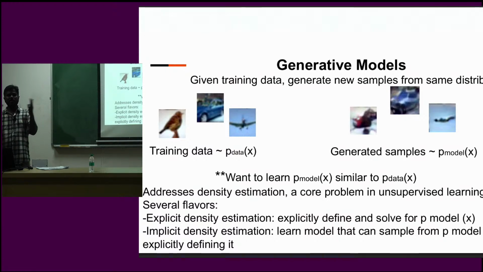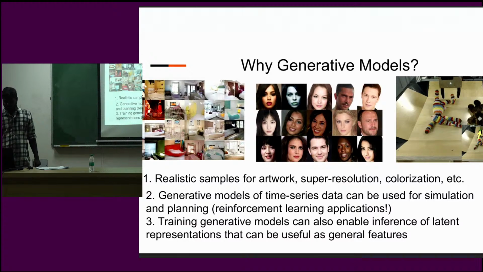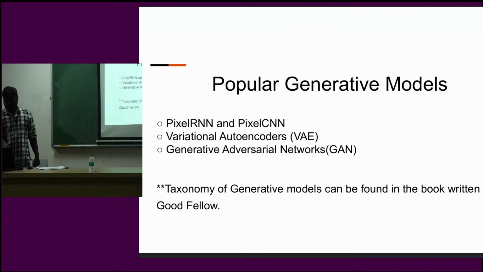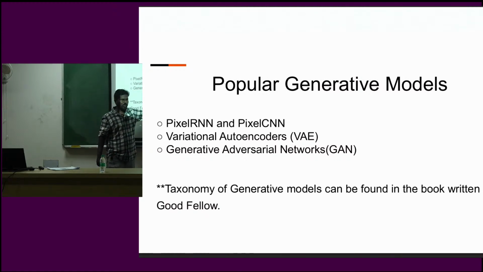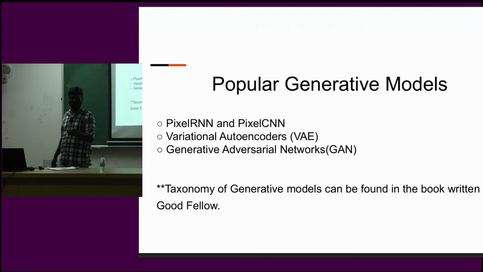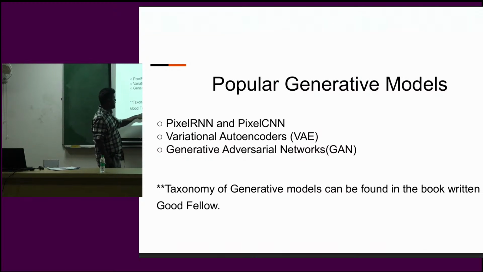There are many generative models in the literature. These are the three popular, recent generative models, and this is the very recent one, which has more advantages than the above two. If you want to know the taxonomy of generative models, you can find it in the book written by Goodfellow.